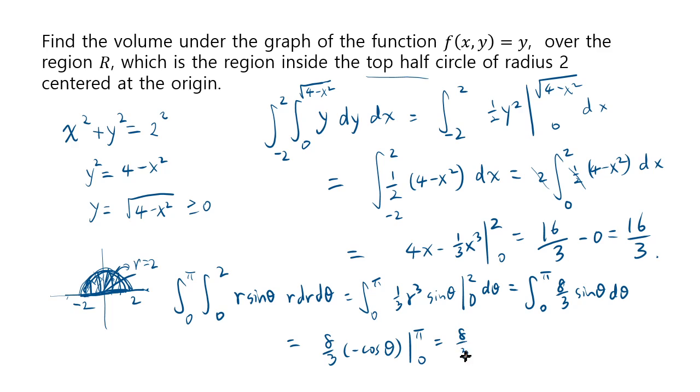Cosine pi is negative 1, but you have the negative of negative 1, so it's positive 1, minus the negative of cosine of 0, which is 1. So you end up with 2, so indeed you get 16 over 3.